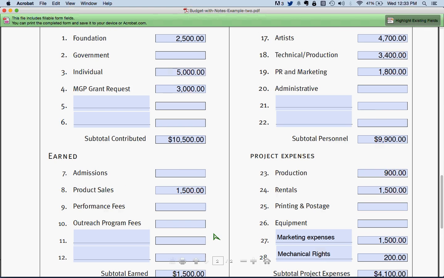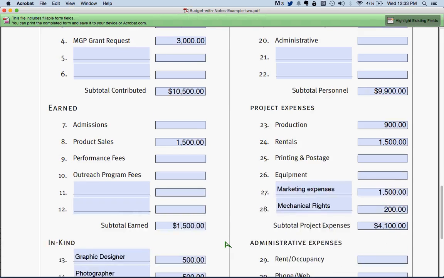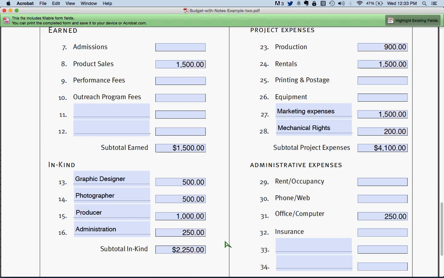And because they are doing a recording project, they're listing their product sales here. And their in-kind is definitely much more substantial than the budget that we previously saw. So they've got a graphic designer, a photographer, producer, administration.